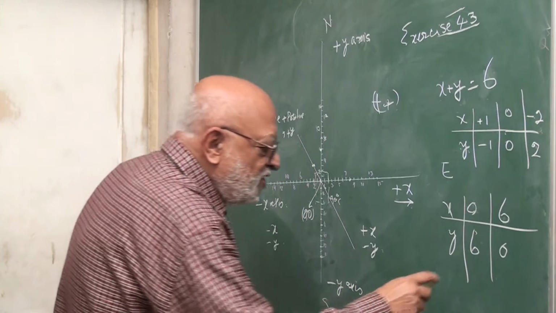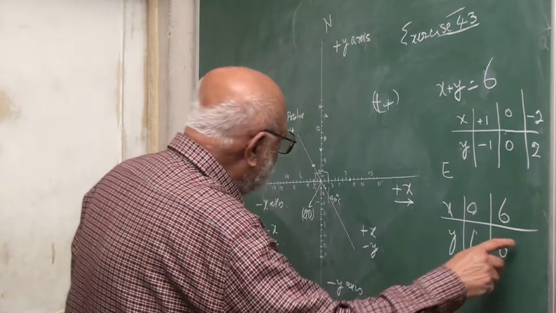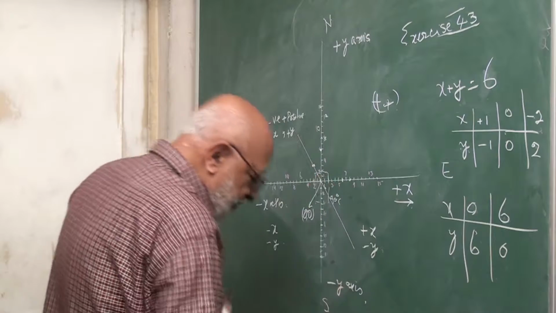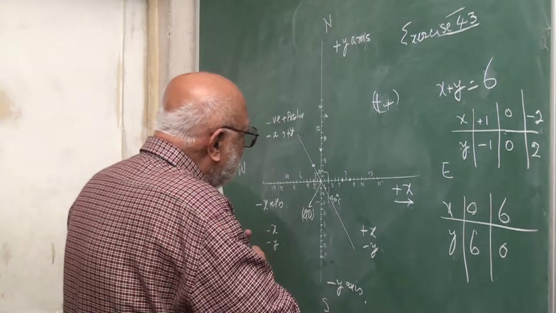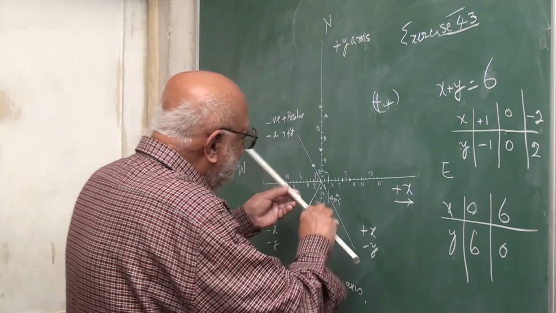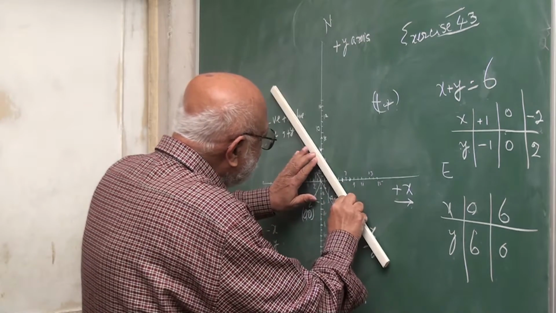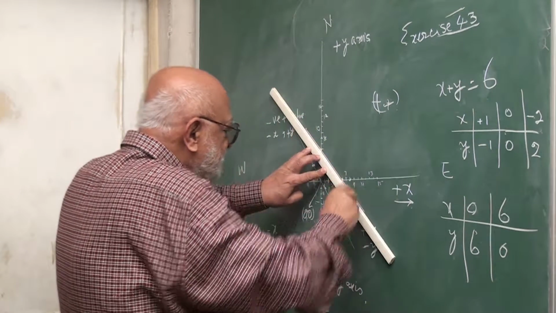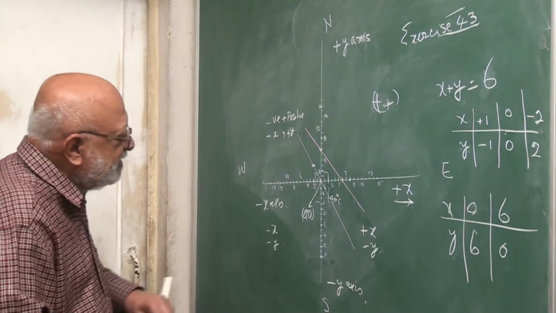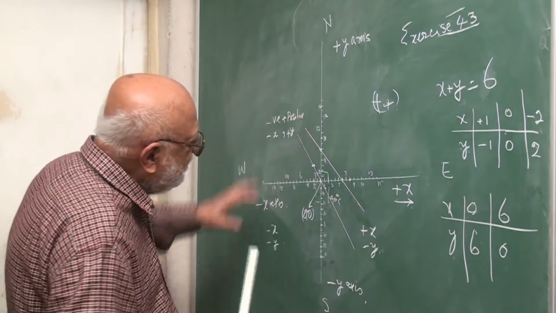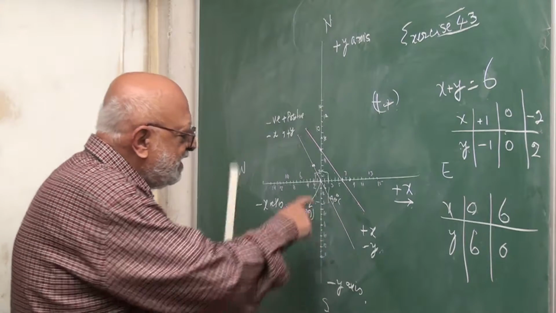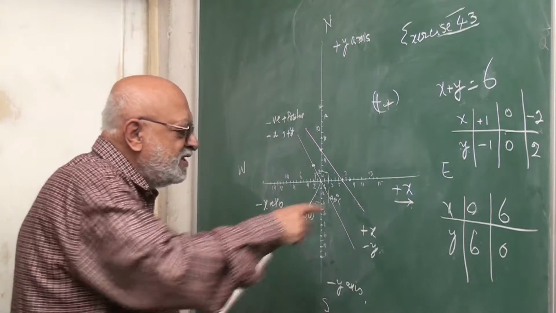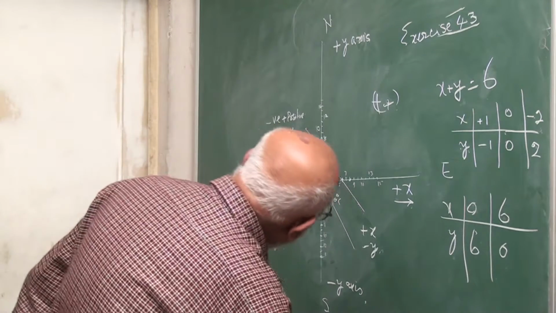Another point is y equal to 0, x equal to 6. What would the graph look like? The graph will go through these 2 points, and it will look like this. This is another kind. If I have drawn it correctly, these two are supposed to be parallel. This is not parallel as drawn, but they will definitely be parallel if it is drawn properly.